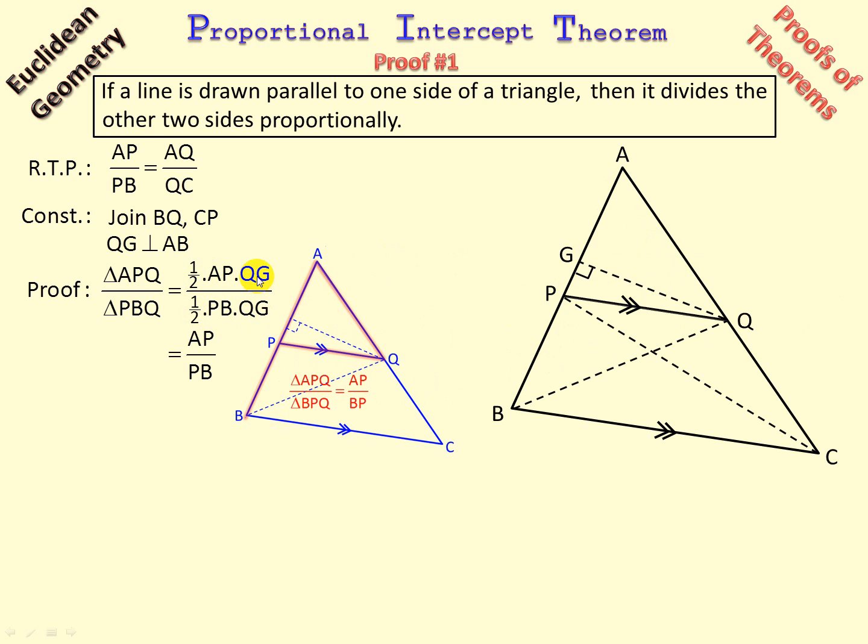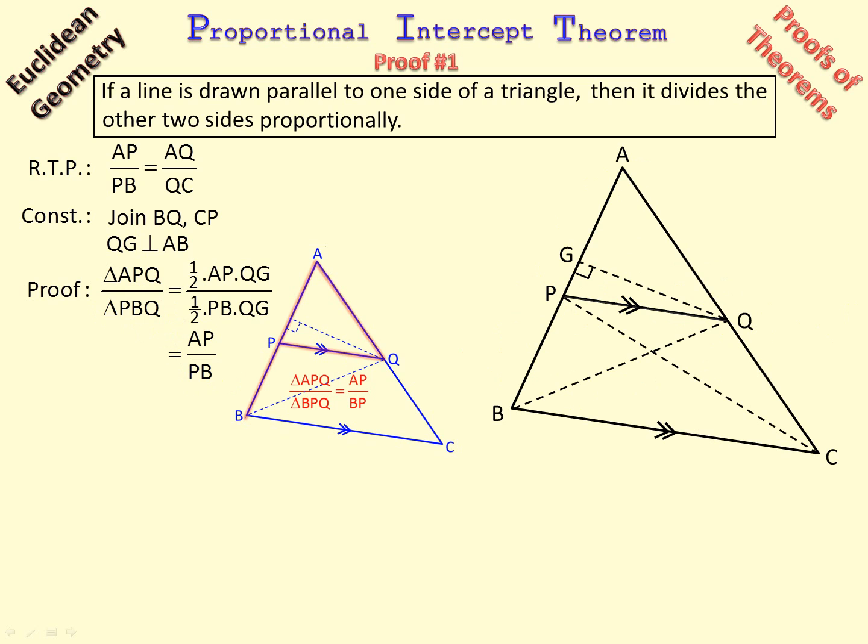The halves cancel, the QG's cancel, and we end up with triangle APQ over triangle PBQ equaling AP over PB. This triangle here over this triangle here equals that side over that side because they have the same height.